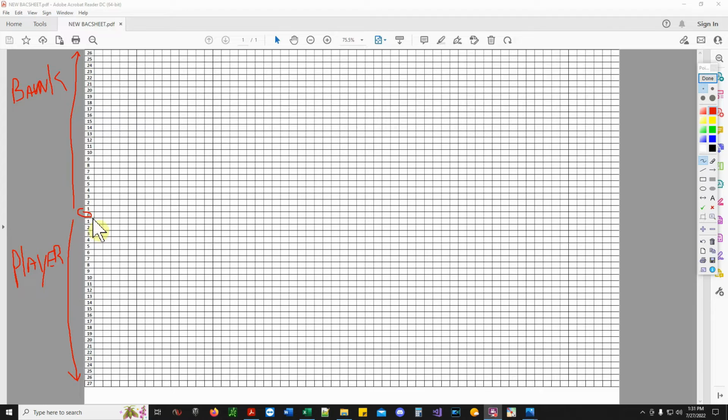But anyway, you take the sheet in, and let's say the first hand is banker. So for the banker, you go up 1. You go down 1 on player, up 1 on banker. The second hand is player, so in the next box, you come down 1 on player.